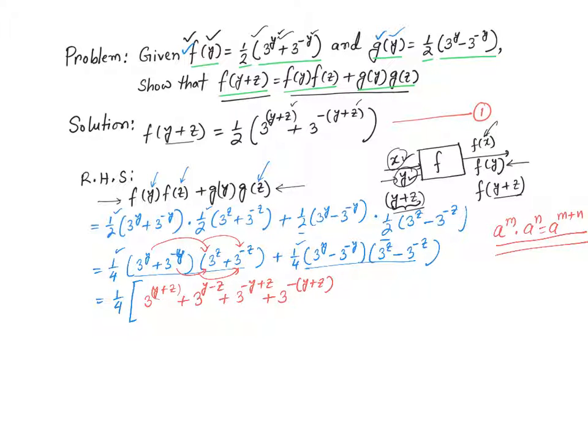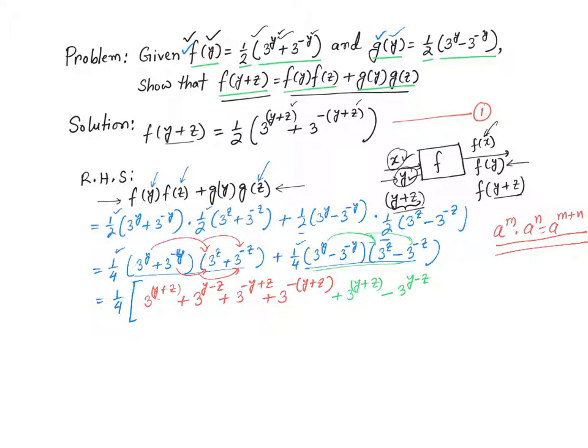Now let me go ahead and do the other one. This one gives me 3 to the power y times 3 to the power z, that's 3 to the power y plus z. Then 3 to the power y times negative 3 to the power negative z gives me negative 3 to the power y minus z.